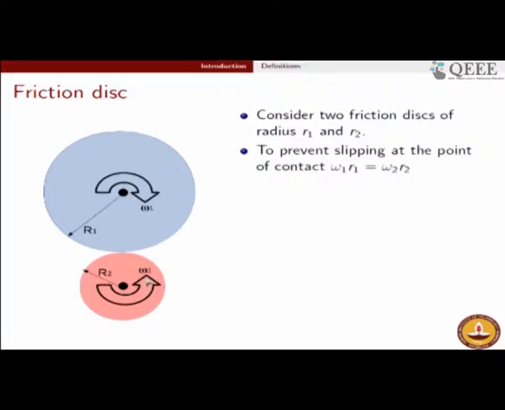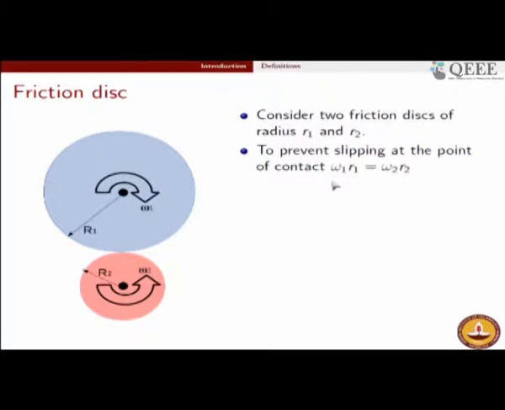For example, the input rotating shaft connected to the engine has this blue larger disc mounted on it, and on the output shaft we have mounted this red smaller disc. Then, because of the requirement omega 1 r1 equals omega 2 r2, you will see that omega 2 is larger than omega 1.